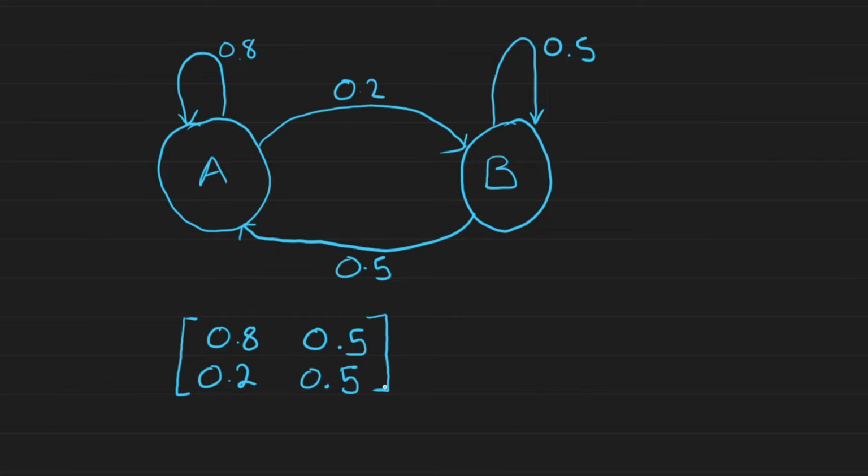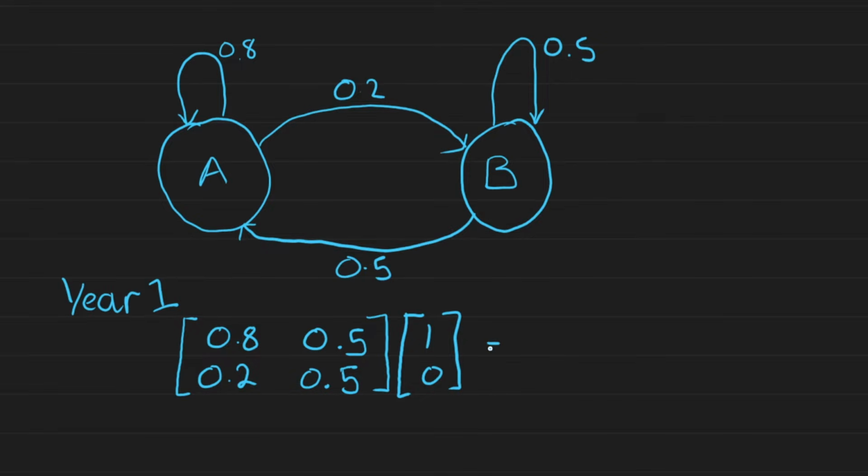What we're now going to do is consider what it actually means to calculate the proportion of people left in the different regions. Let's say in year 1, as a starting point, everyone is in region A and there is no one in region B. So that corresponds to the vector 1, 0.